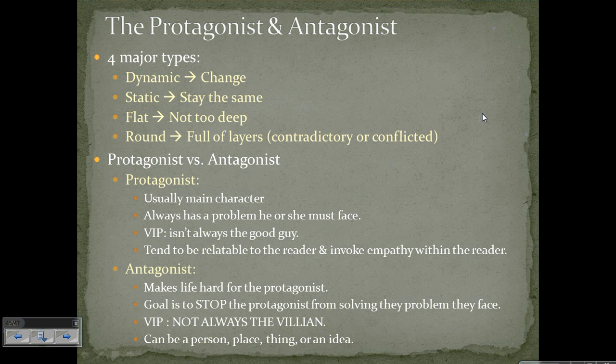Now, of course, we're going to get to the main character types, the protagonist and the antagonist. When you look at any story or any movie, you're going to have 4 major character types. You're going to have dynamic characters, static characters, flat, and round characters. Your dynamic and your round characters, they are layered. A dynamic character, you're going to see change throughout the course of a story, while a round character is full of layers.